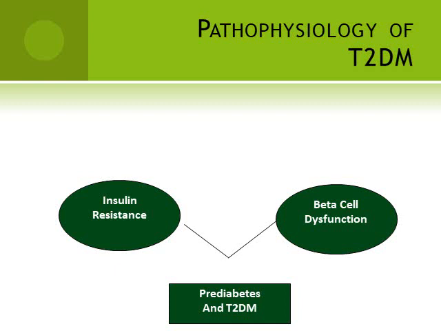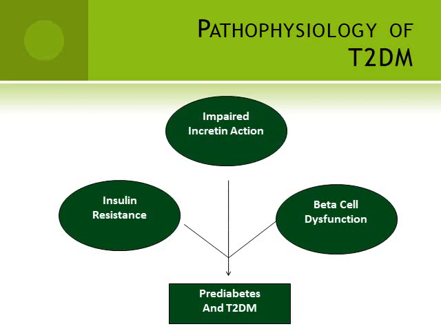These were the two main culprits known, which were related to the development of type 2 diabetes mellitus. But nowadays, a third component is also very well known in the pathophysiology of type 2, and that is called incretin impairment, that is the impaired incretin action.